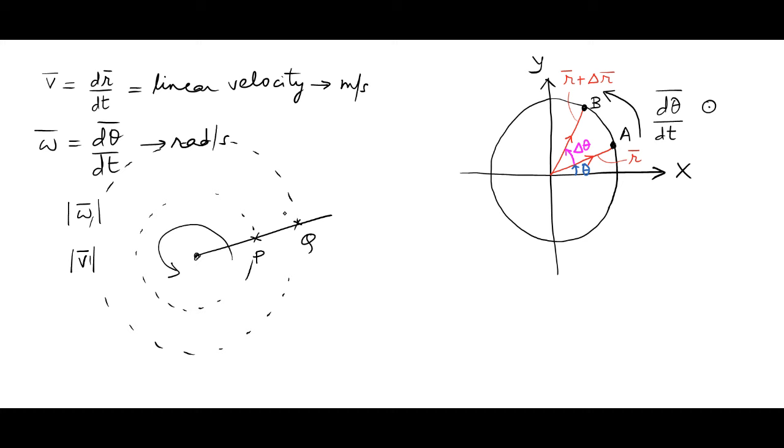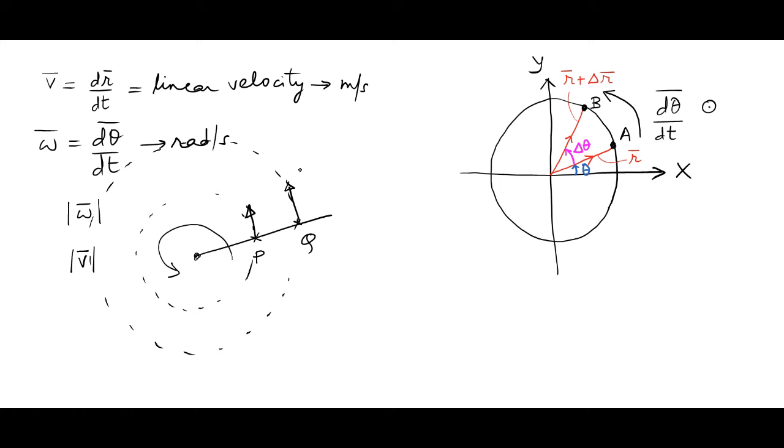Now assuming that the value of omega is constant, it would mean that both of these particles had uniform circular motion with the same omega. That doesn't mean that their linear velocities, that is Vp bar and Vq bar, have the same magnitude.